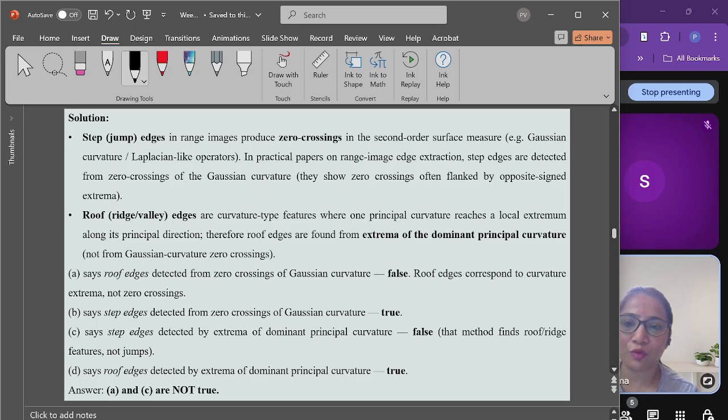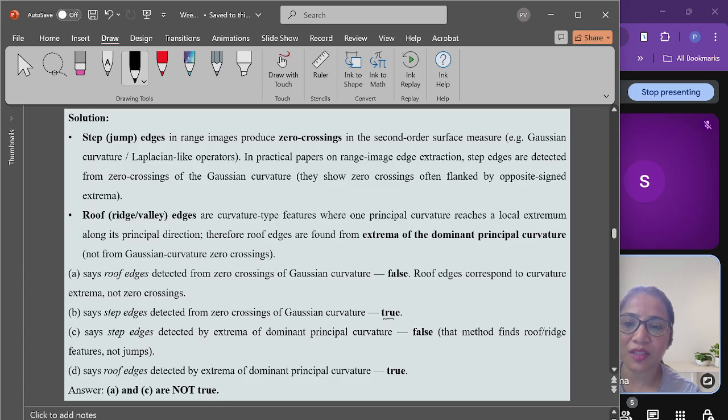Option A says roof edges are detected from zero crossings of the Gaussian curvature. So it is false. Roof edges correspond to curvature extrema, not a zero crossing. Now option B is a true one because it is just opposite to option A. Step edges are detected from the zero crossings of the Gaussian curvature. So this one is true, but option A is false.